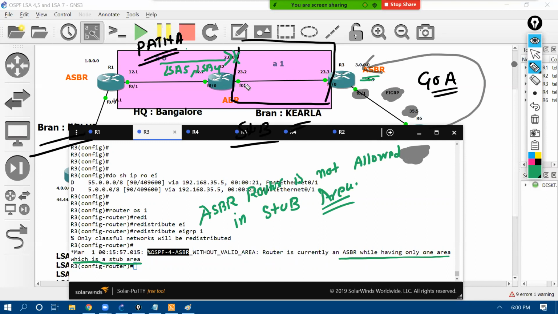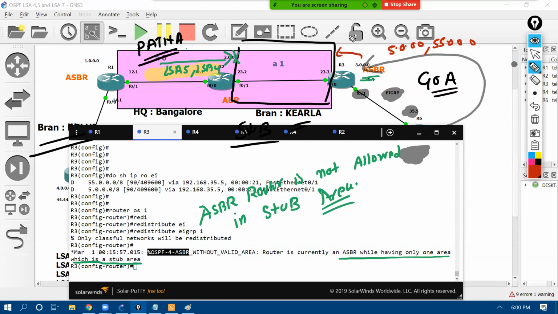Right now, what is the behavior of the stub area? The behavior of the stub area is to deny LSA 5 and 4 information from being injected into the stub area, right? And once I perform the ASBR, these routes, 5.0.0.0 and 55.0.0, will be advertised as what?